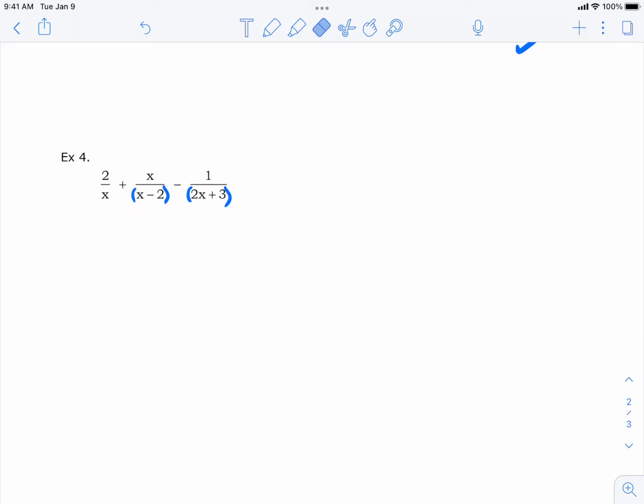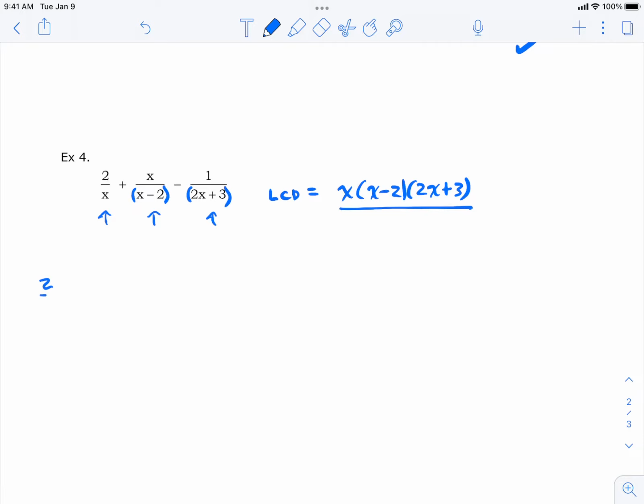So I've actually got 3 different denominators. My LCD will have all 3 parts. So I might as well just write that out here. My LCD will be an x times an x minus 2 times a 2x plus 3. Every one of these has to have the same LCD, which has all 3 parts.